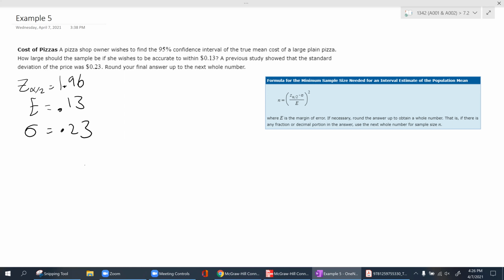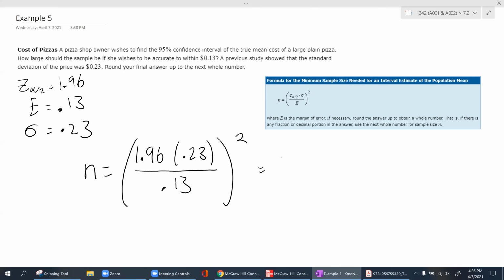So let's plug this in. My sample size should be z alpha over 2, which is 1.96, times my sigma, which is 0.23, divided by my error, 0.13, and I'm going to square this. Let's see what that gives me.